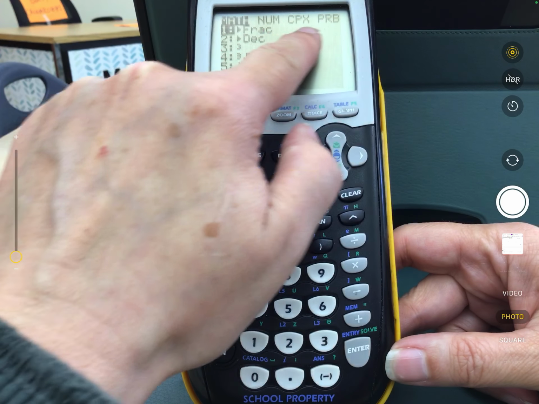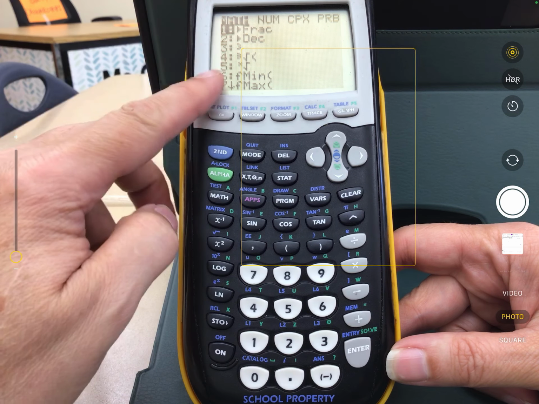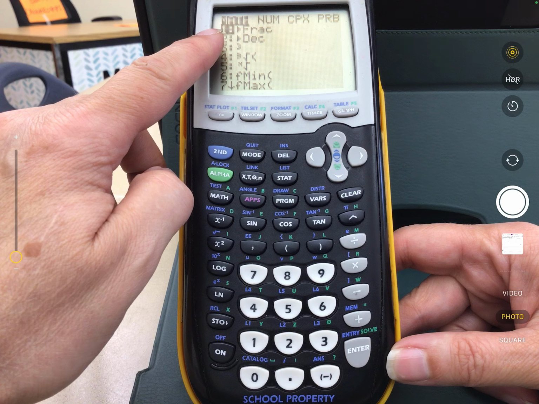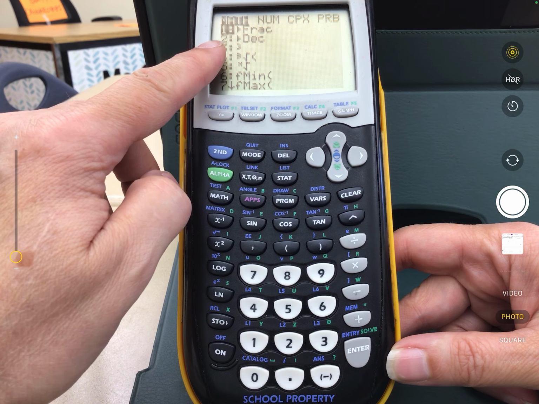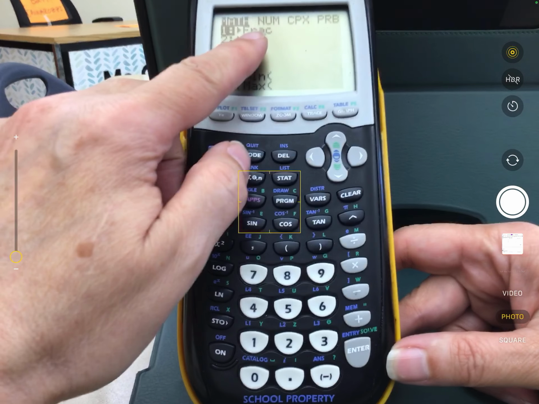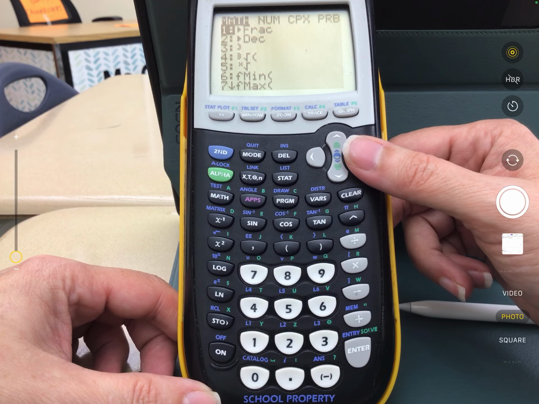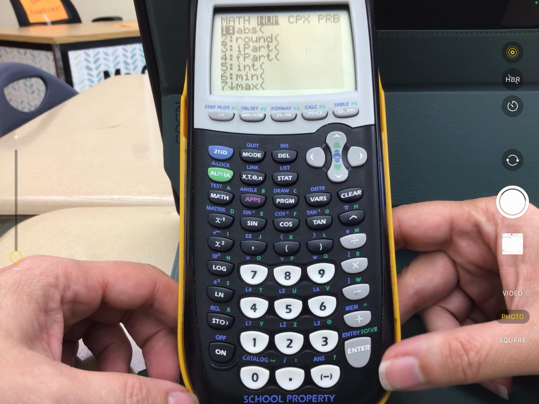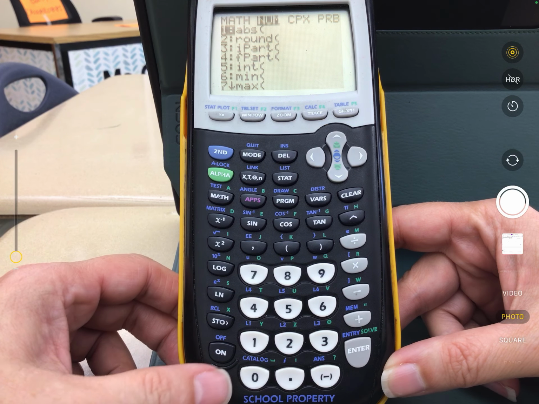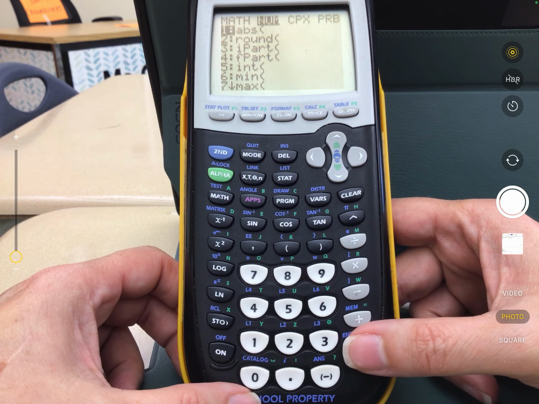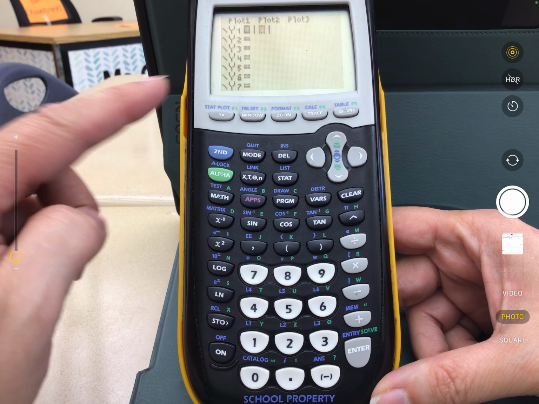And up here, you have several menus at the top. The first one, choice number 1, is finding a fraction, converting something to decimal, some roots. We need to go into the numeric menu. So we're going to use the arrow key to move to the numeric menu. And the first choice is absolute value, ABS. So we're going to hit enter.